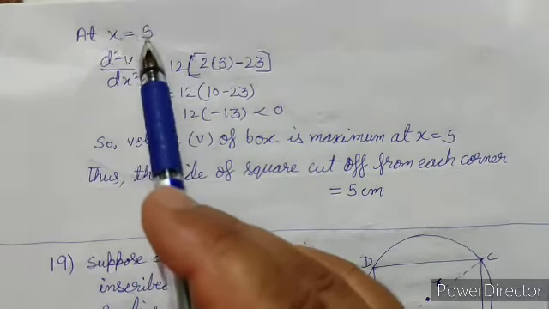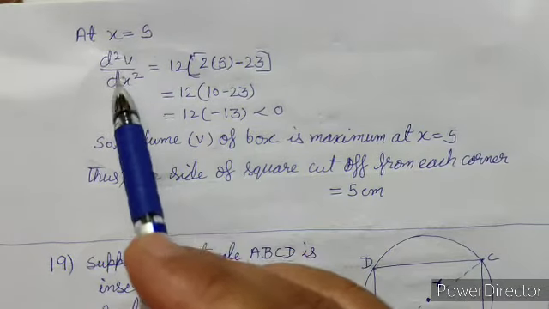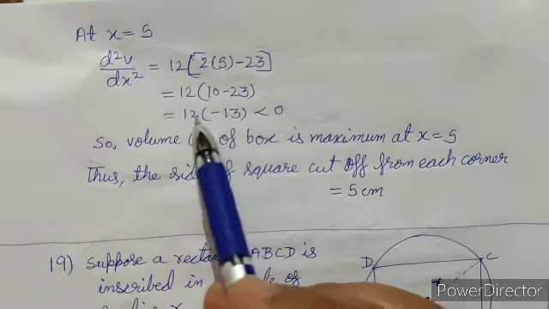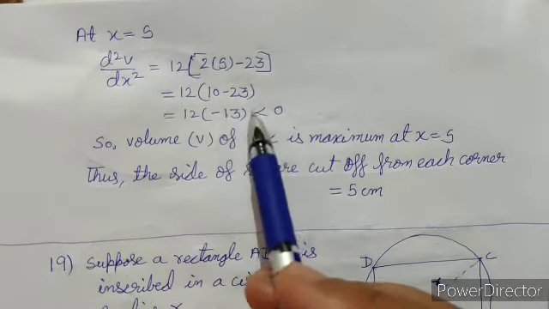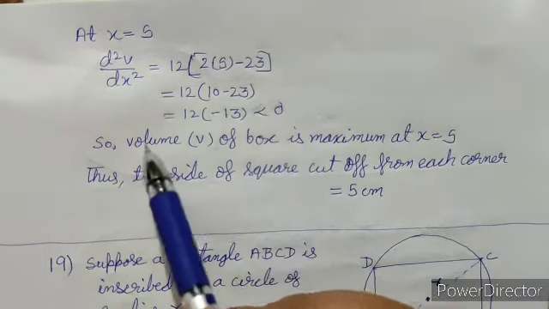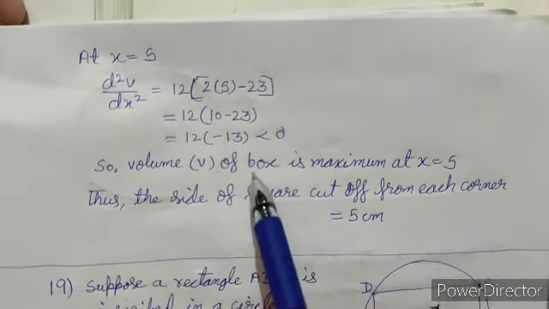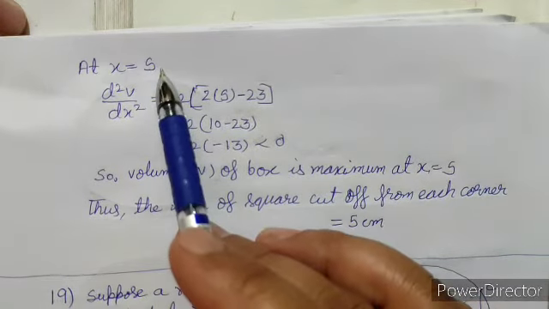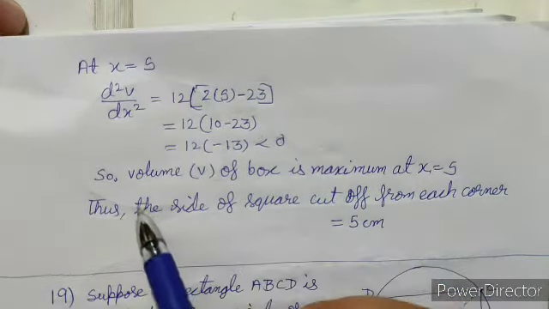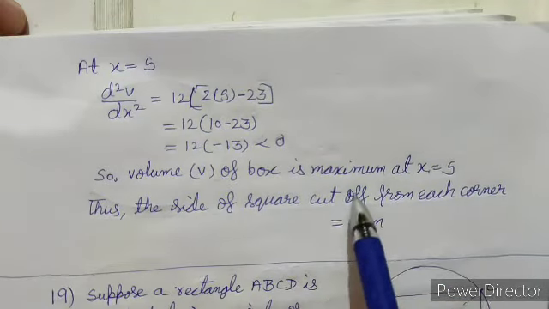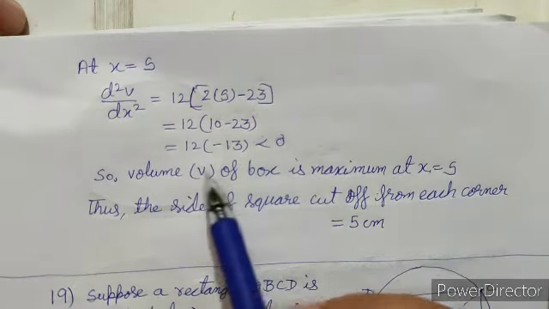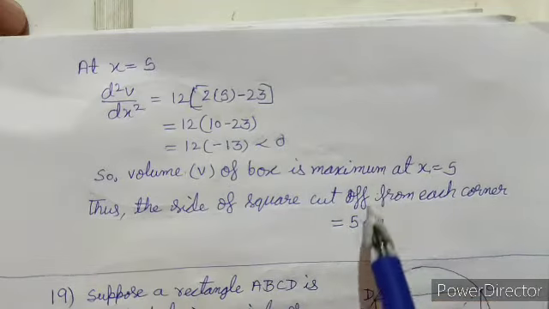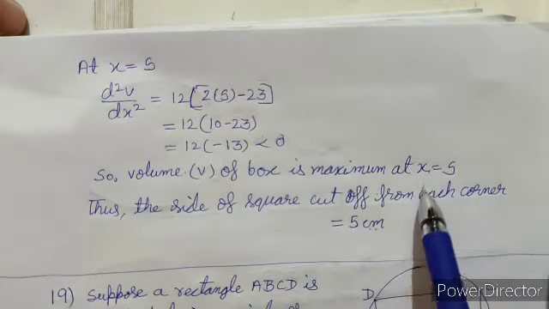Now at x equal to 5, the value of d2V upon dx square is equal to 12 into minus 13, and that is less than 0. That means the volume of the box is maximum at x equal to 5. Thus the side of the square cut off from each corner such that the volume of the box is maximum will be equal to 5 centimeter.